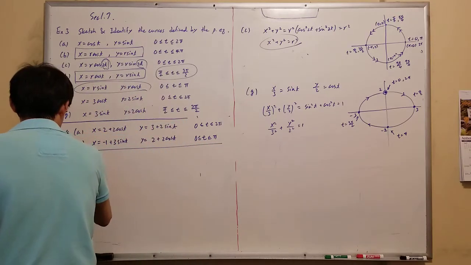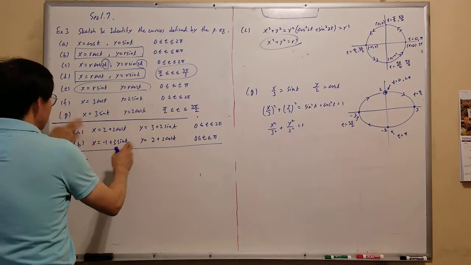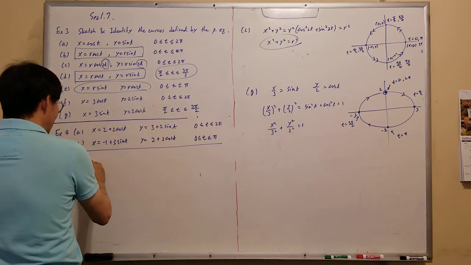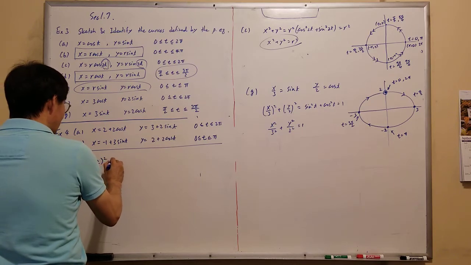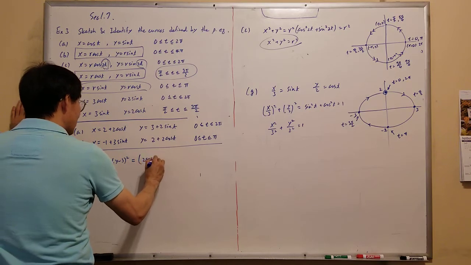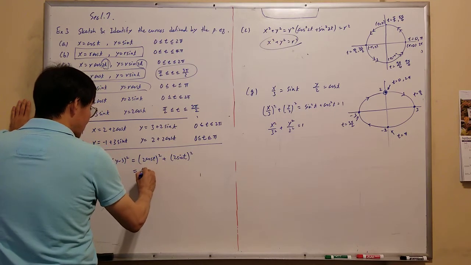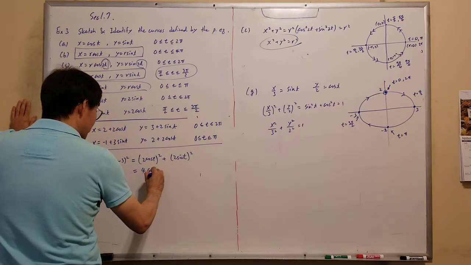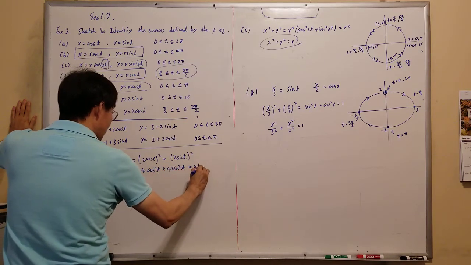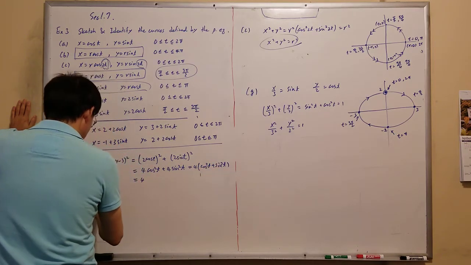So A, what do we do? Instead of 2 and 3 here, this is a circle. Now if I write x minus 2 squared, y minus 3 squared, it will be 2 cosine t squared plus 2 sine t squared. So it's 4 cosine squared t plus 4 sine squared t, 4 times cosine squared t plus sine squared t, so this is 4.